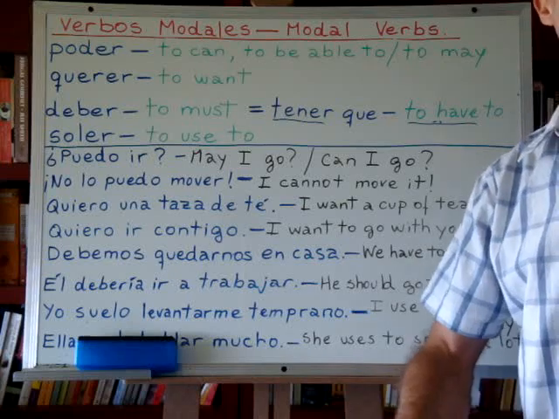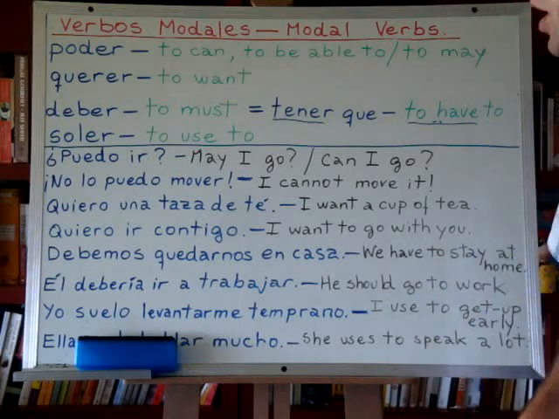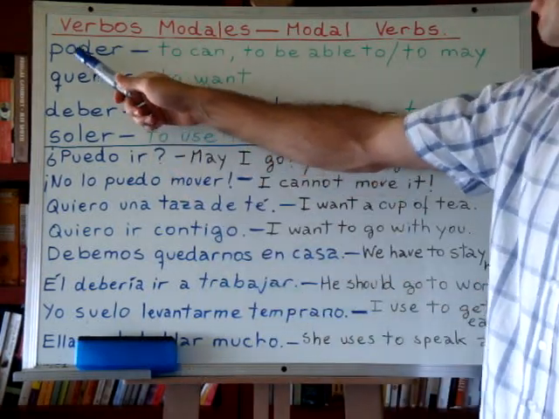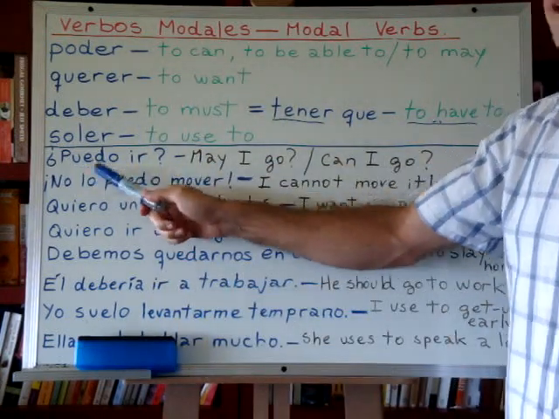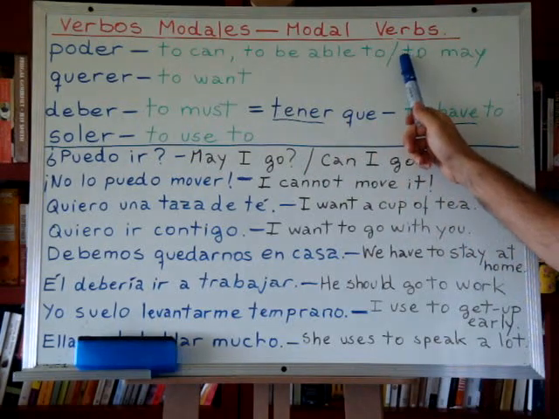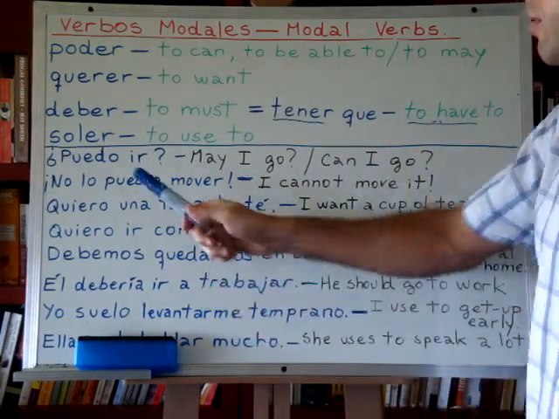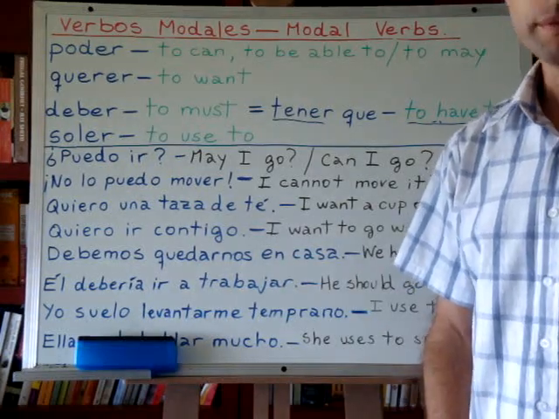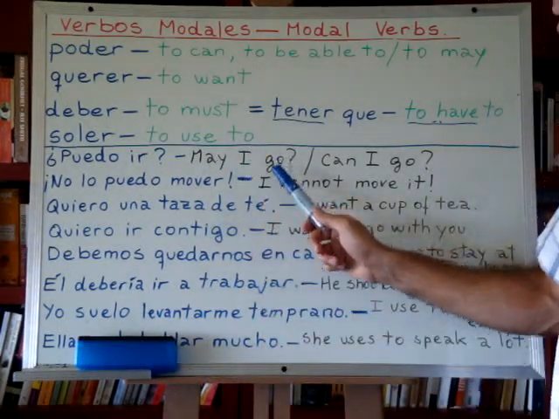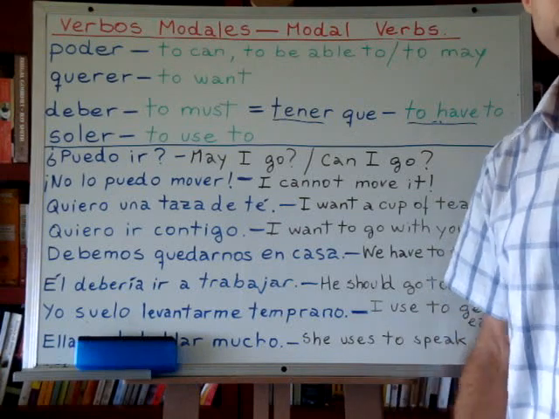So you can see how they work. For poder, right? We will see how the first example is poder as to may. Let's see. Puedo ir. Puedo ir means may I go or can I go, right?